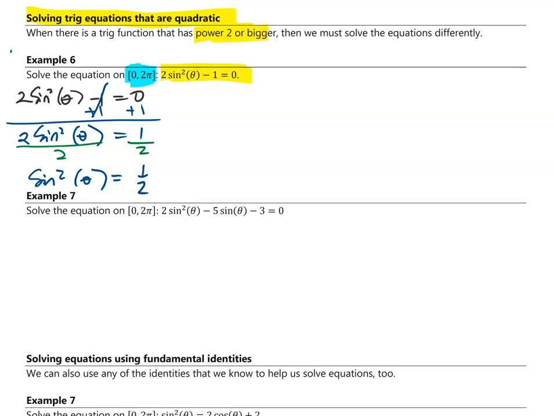And then square root both sides. So we will have sine theta is equal to plus or minus 1 over square root of 2.